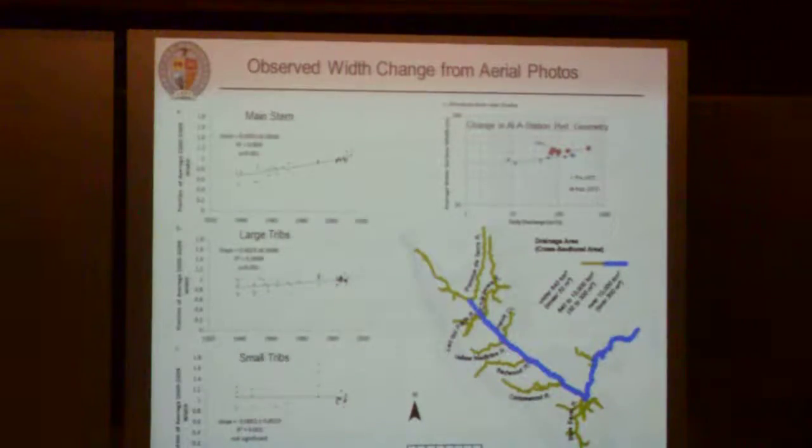Using hydraulic geometry, you can get a relationship between water surface width and discharge for any of those historic air photos, because we know what the discharge was on the day of the photograph. And we plotted those for the first half blue and the second half red of the record, and it looks like you have a different hydraulic geometry for water surface width in the second half of the record than in the first. So I think these cross-sections really are enlarging.